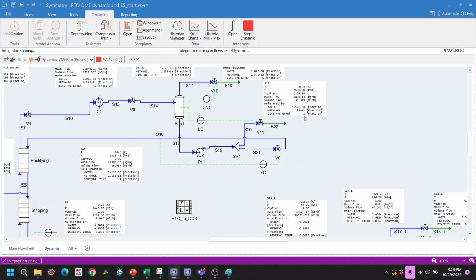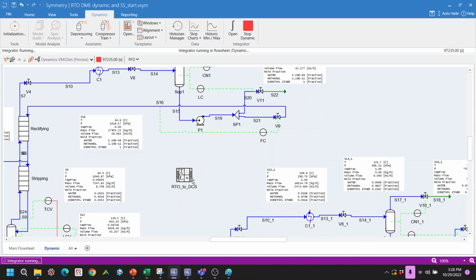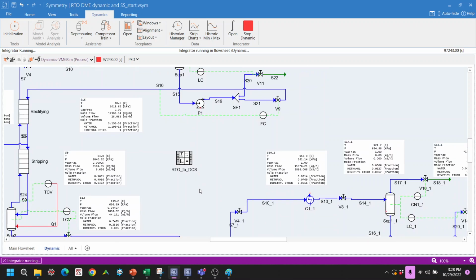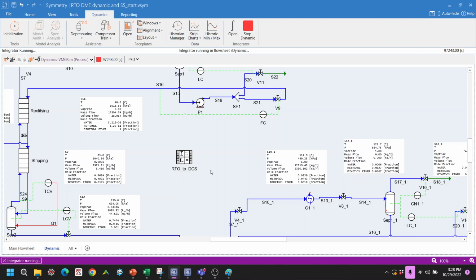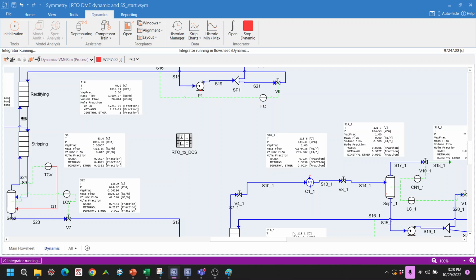In this case, the DME purity is at 1, and the flow rate is changing from 1000 something. You can see the flow changes and all of this information. Well, not all. Some of these important pieces of information, I take like a reboiler for this column, and a reboiler for the other column.